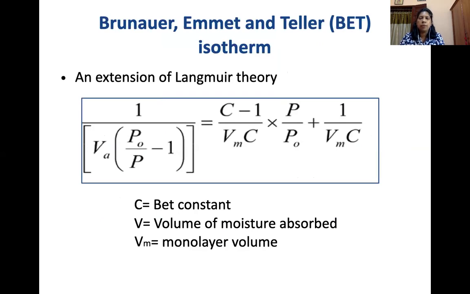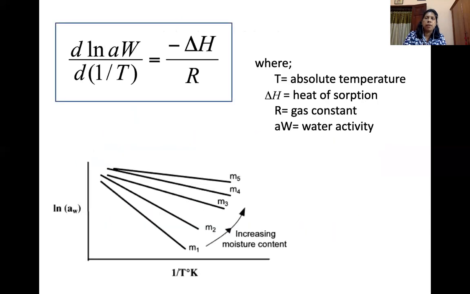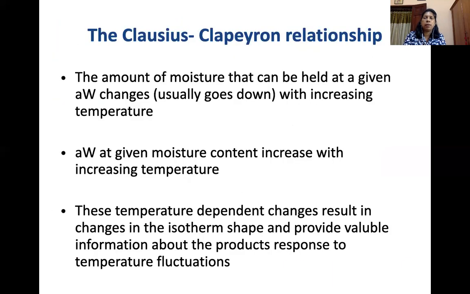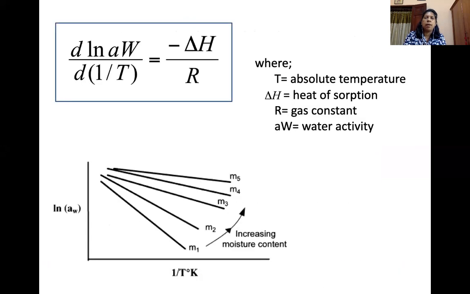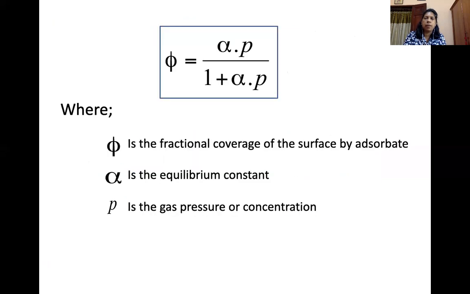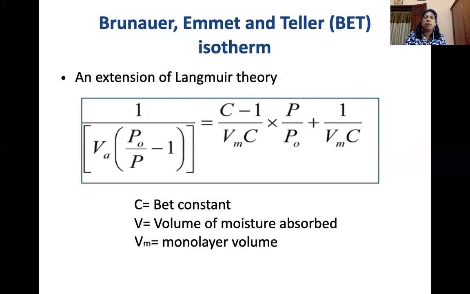So likewise, many equations are produced. One is the Clapeyron relationship, then the Langmuir equation, and then the Brunauer, Emmett, and Teller (BET) isotherms.